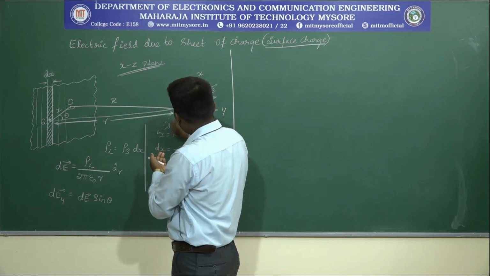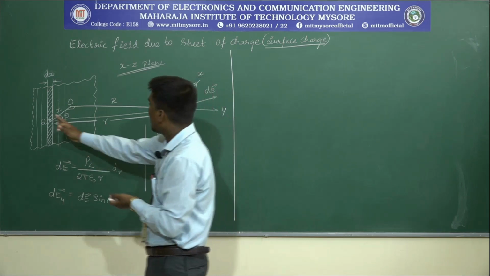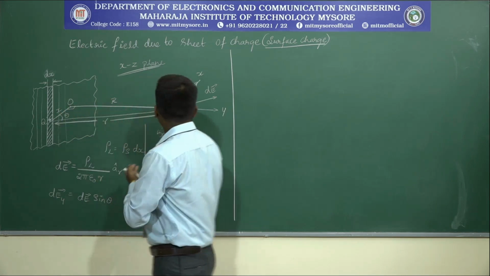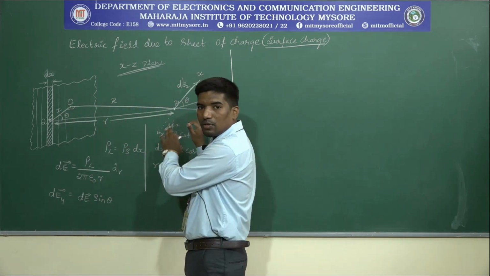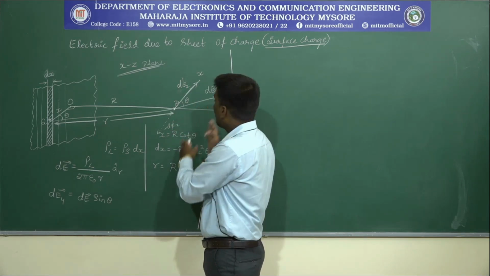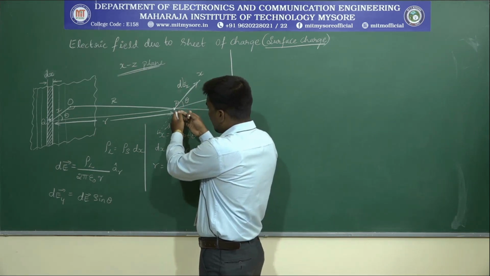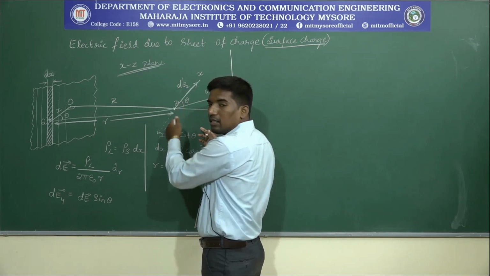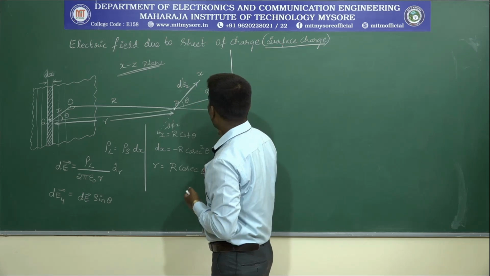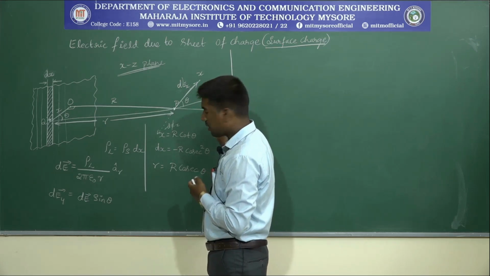These two get cancelled for the entire line charges along this xz plane. Hence, the dEx components are 0 in this particular case. We are left with only the dEy component. Therefore, the total electric field intensity at point P is contributed by only the dEy components. Got it?